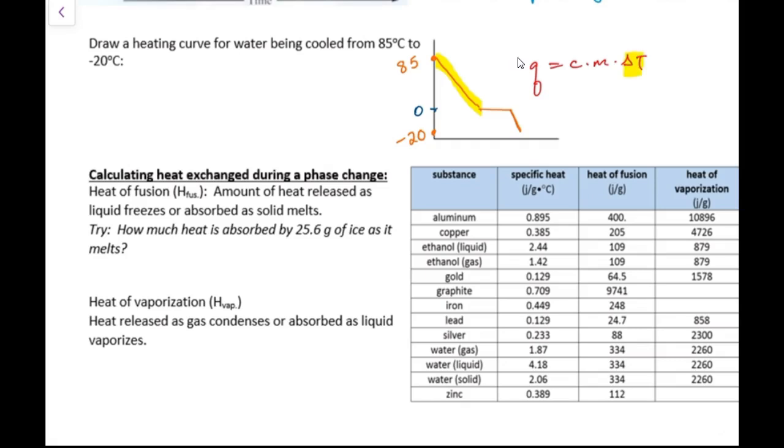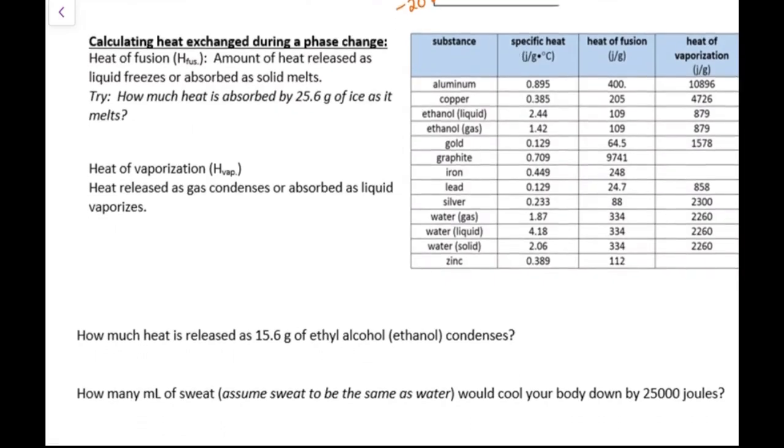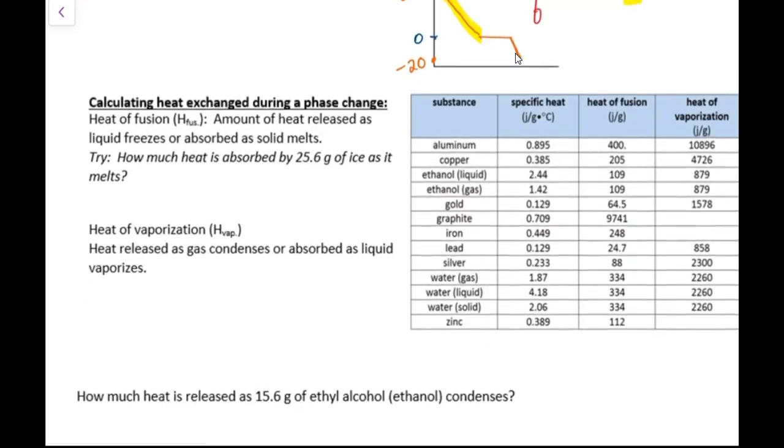But we're talking here about heat exchanged during a phase change, and we've already established that there is no delta T. There is no temperature change while a phase change is happening. There's a plateau, right? So we have to have a different equation. So the heat of fusion is how we describe the amount of heat released as a liquid freezes or absorbed as a solid melts.